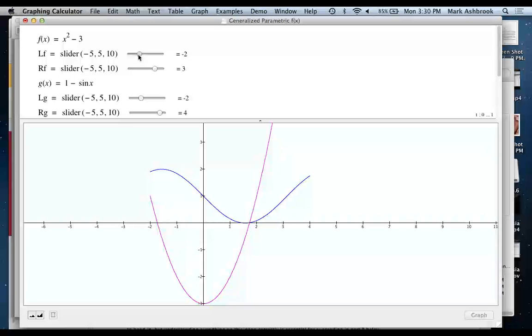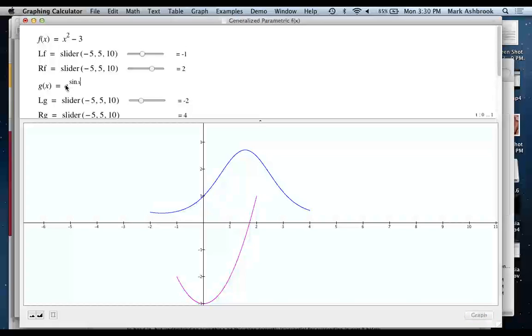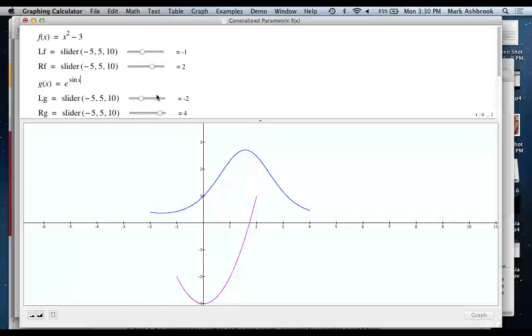I can change the function, I can change the left bound, and I can change the right bound. So you can make f and g anything you want in their lines, and then you got 4 sliders, each one controlling a bound of the functions that you're graphing. So you're reproducing this same file. Does that answer the question?